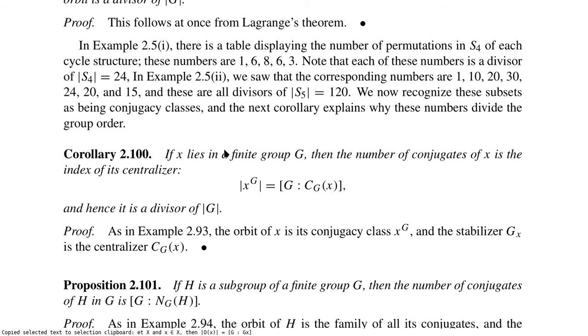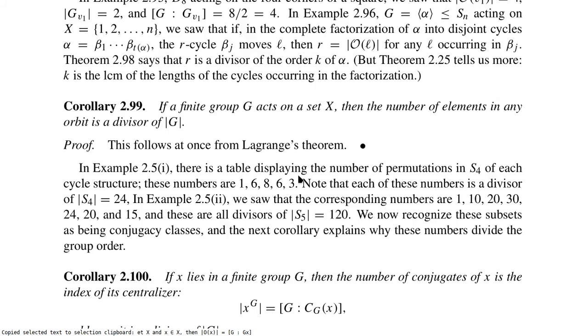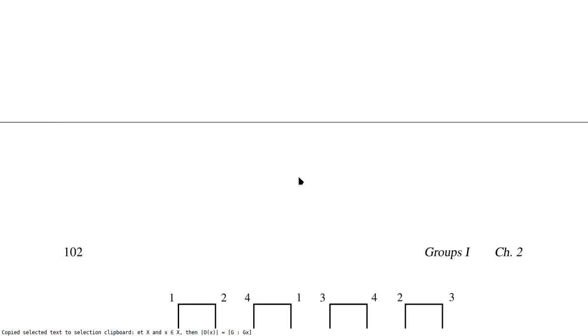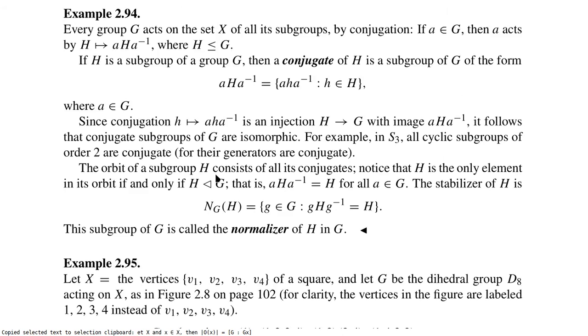Taking the number of elements in there is going to be equal to the index of the centralizer, because the centralizer contains all these elements, right?